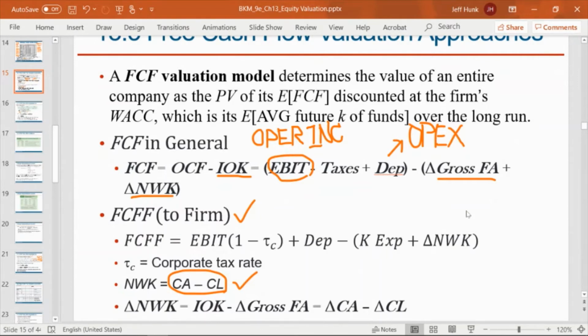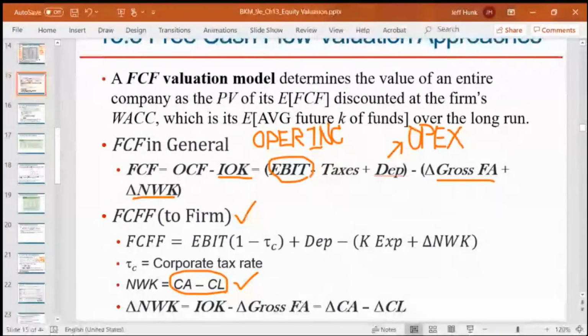So where does the money come from? It has to come from operating cash flow. Makes sense? And if there's a change in net working capital, and if it is a positive change, that means net working capital has increased.